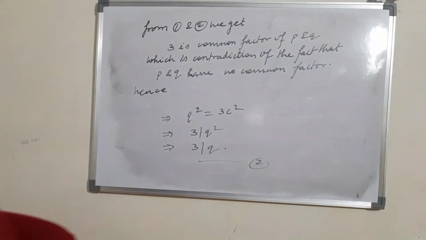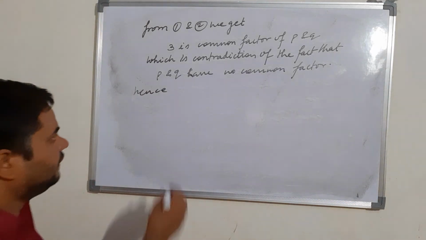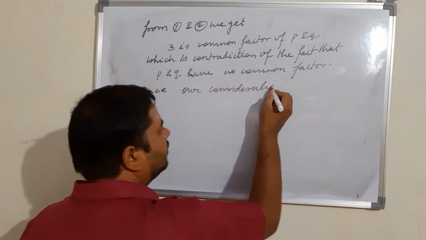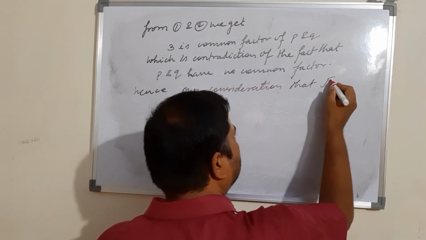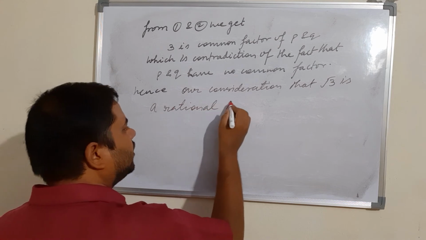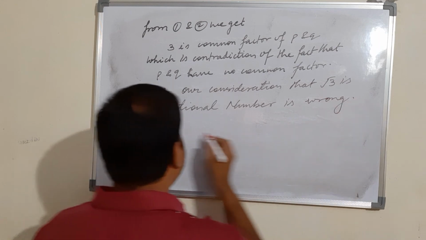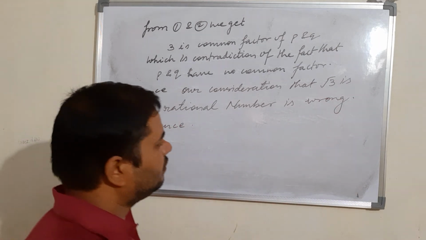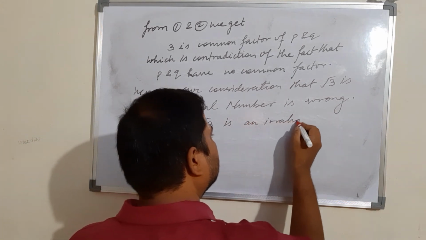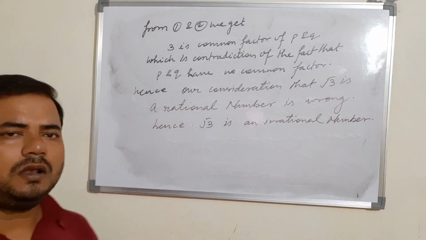Our consideration that root 3 is a rational number is wrong. Hence, what is true? Root 3 is an irrational number.